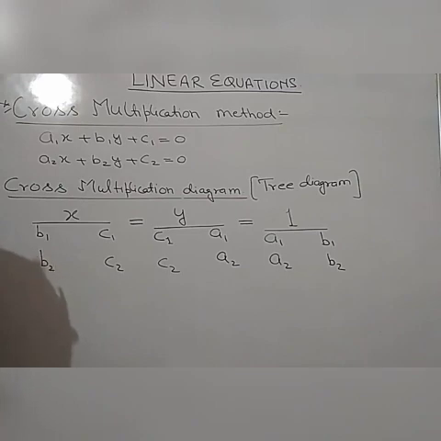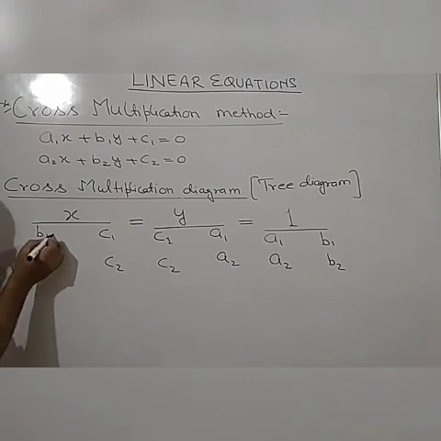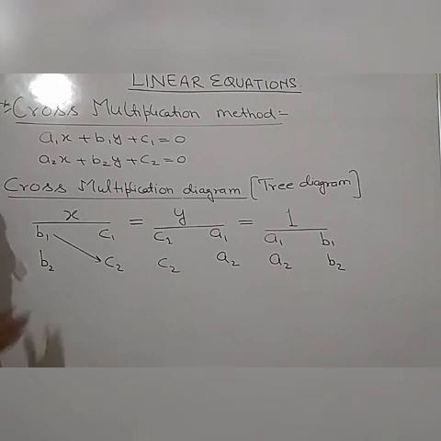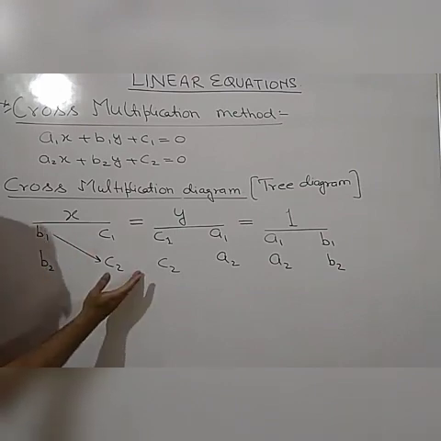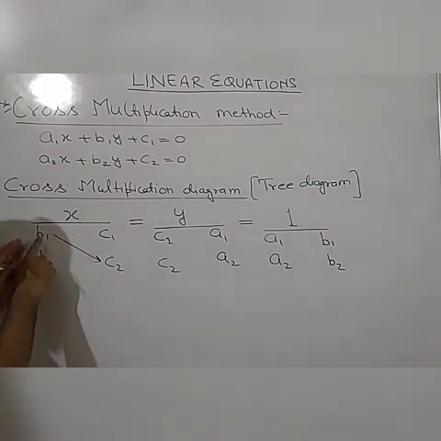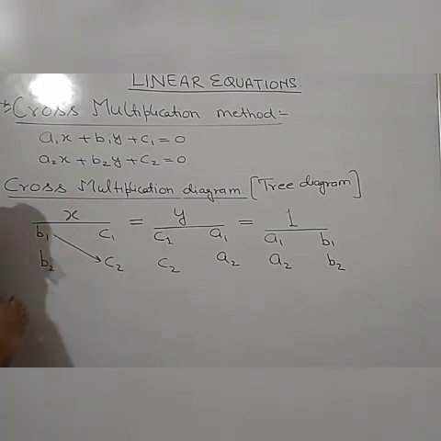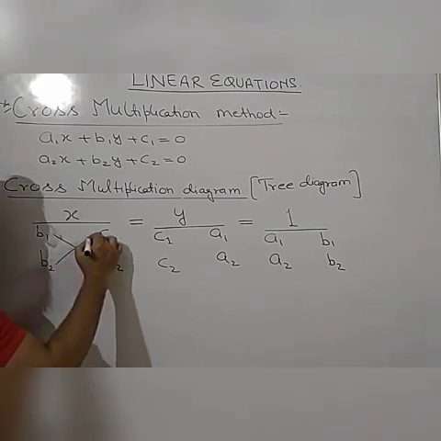We will multiply b1 with c2. One more important thing is that you have to remember the direction also. We will move first from left to right, that is b1 to c2. b1 will be multiplied with c2, then b2 will be multiplied with c1.